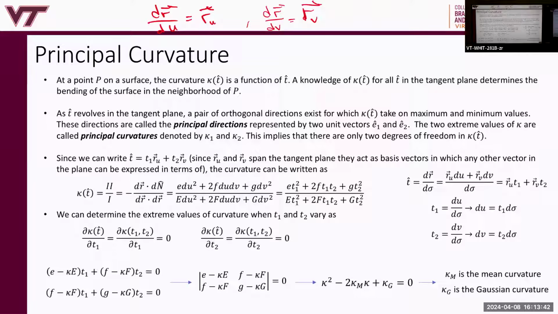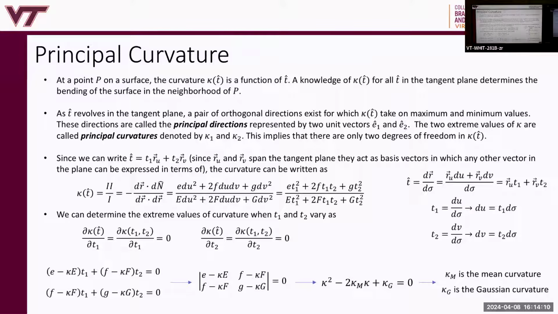So say I move the du to the right-hand side and the dv, then dr is ru du, right? But a total change in dr is not only due to the displacement in the u direction, but also the displacement in the v direction, right? Okay, good. So d sigma is still there.